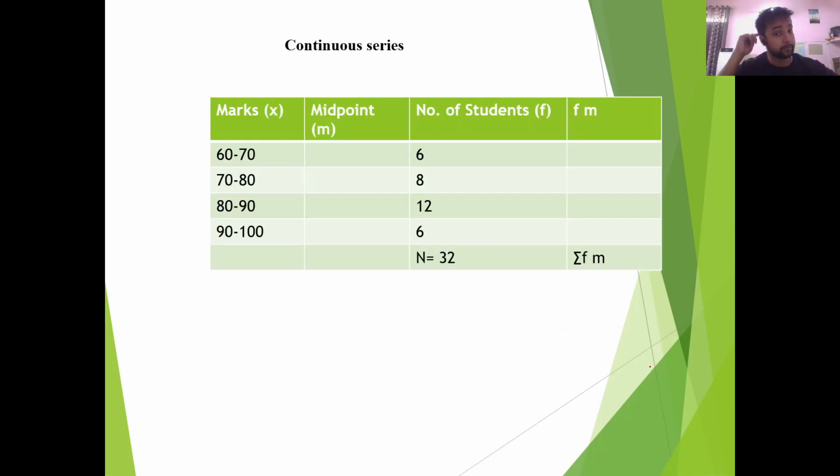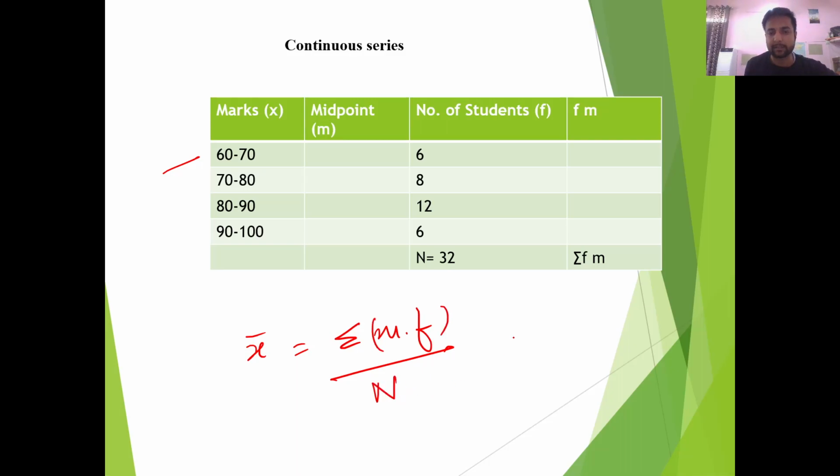Now we will move to the continuous series, which, as I told you, comes in the form of class intervals. In the case of class intervals, we first have to find the midpoint. Let me tell you what the formula is. To find the average, we do the summation of the midpoint value into the frequency, the summation of mf, and then divide that by the number of observations.